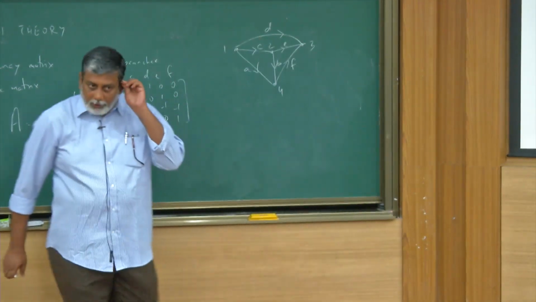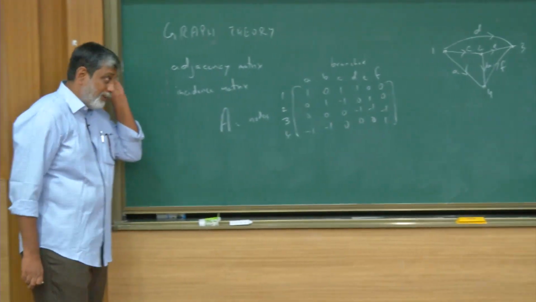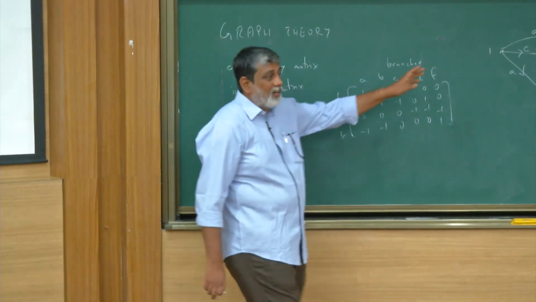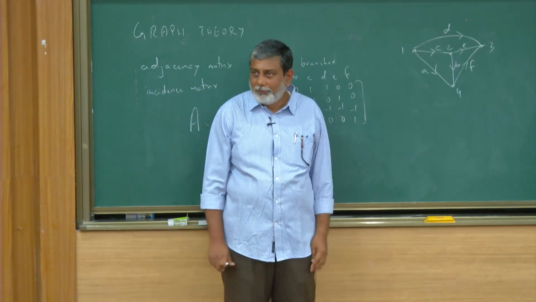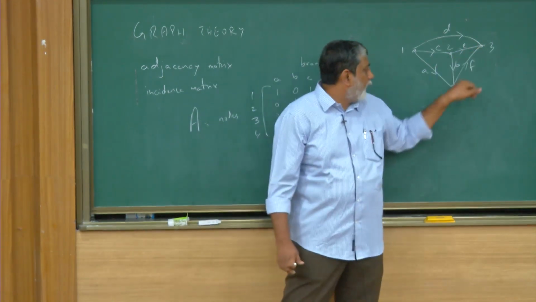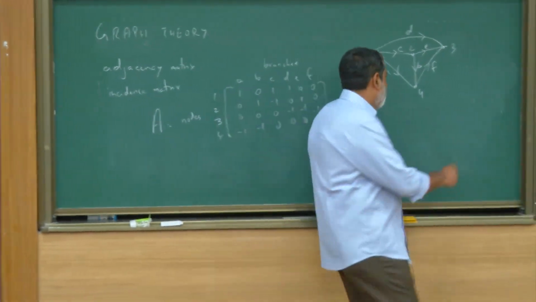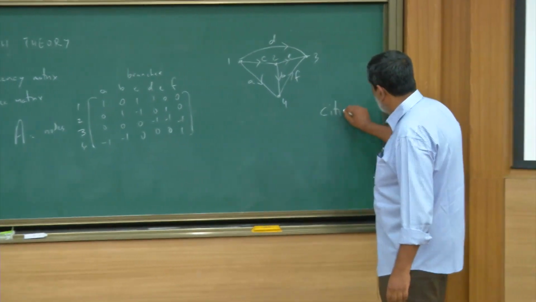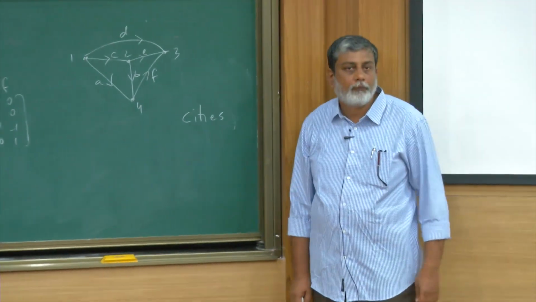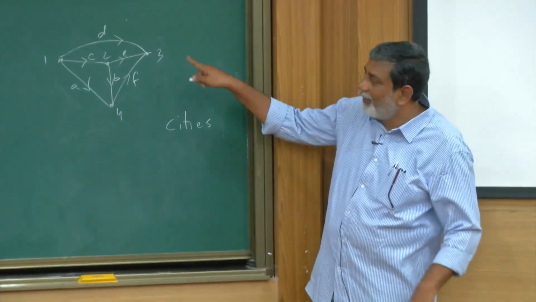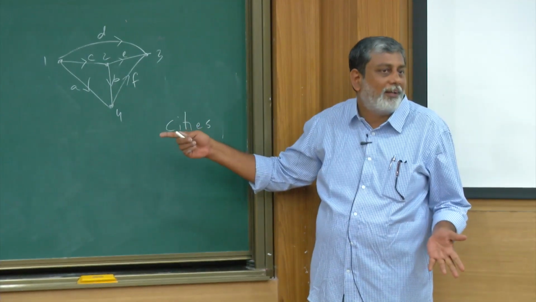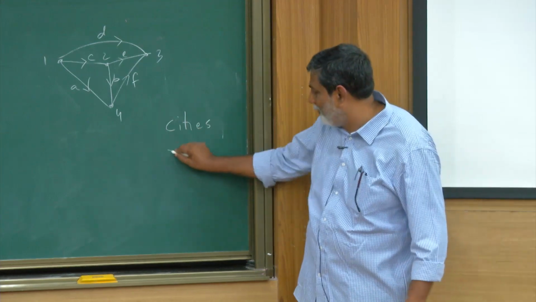All right, now let's do one thing. Let's think of this graph as a map where 1, 2, 3, and 4 are cities. So the nodes are the cities, and the branches are clearly roads.